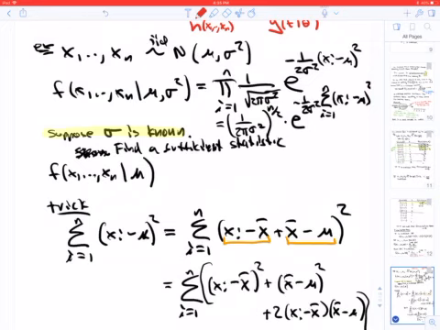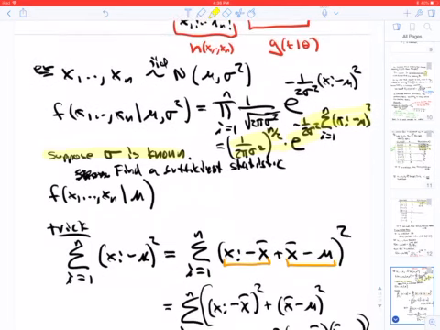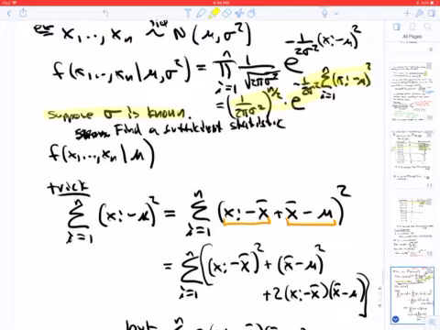I just basically wrote this out some more, and honestly I don't see right off how we're going to factor this, because the xi minus mu are together here by this square, and so we need to separate them into separate functions, h and g, because the g has the mu and the h has the x's.